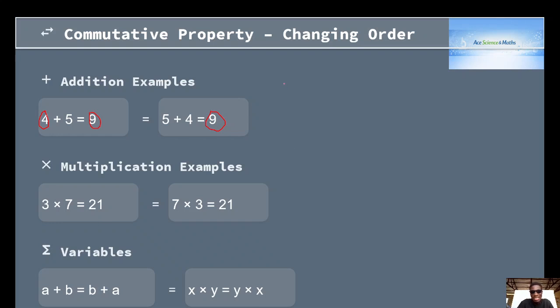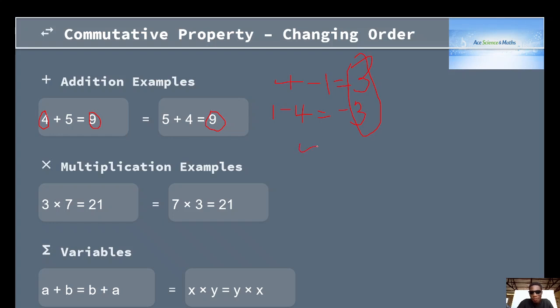The reason why division and subtraction are not included is that, you see, when you have 4 minus 1, the answer is 3. The same way when you have 1 minus 4, the answer is not 3, but rather negative 3. So you see that subtraction is not commutative because the answers are not the same, they are different.